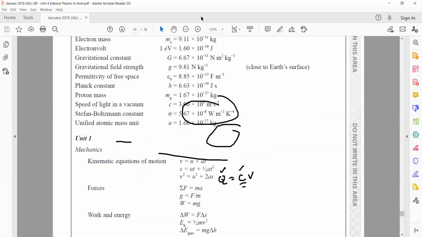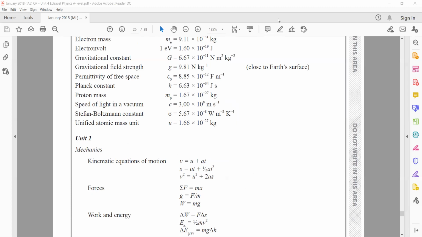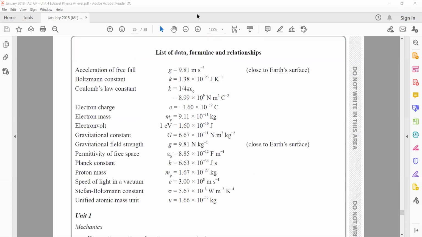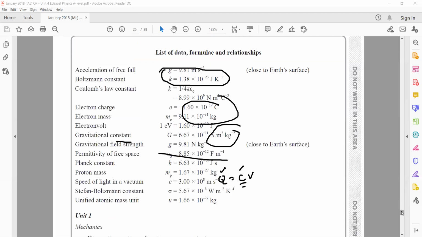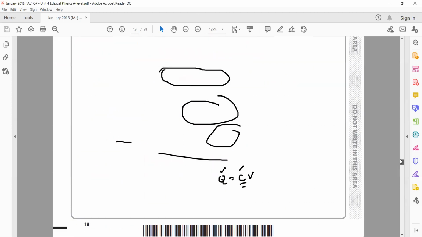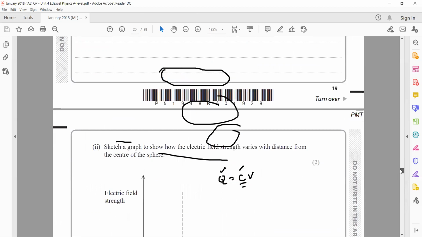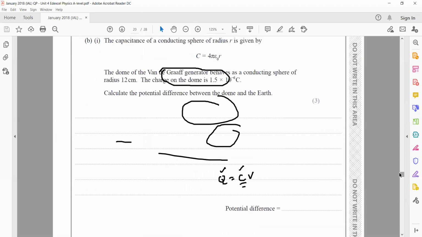So the value of epsilon is also given: permittivity of free space 8.85 times 10 to the power minus 12. So using this, you will find the potential or voltage developed between the Van de Graaff dome and the earth.